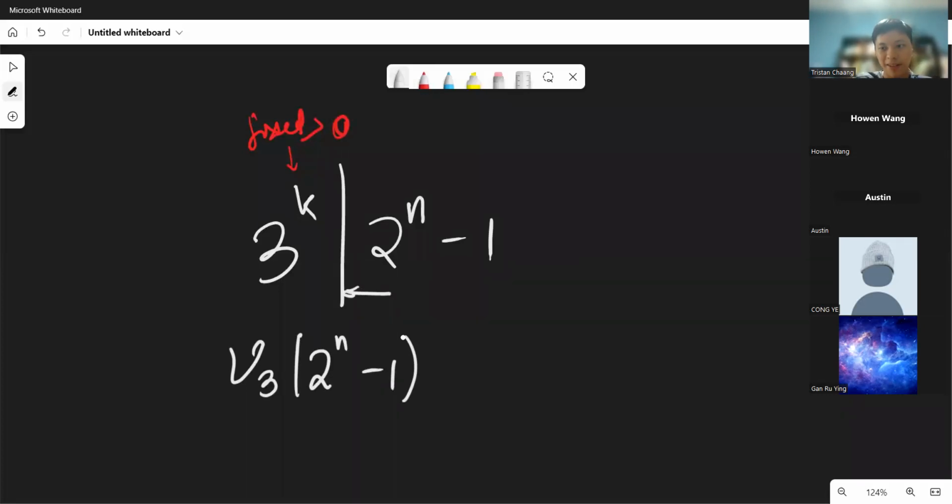You just want this to divide that. So is it exactly equal to k or can it be something else? It should be larger than or equal to k, right? But for example, it could be 3 to the k plus 1, and so on.